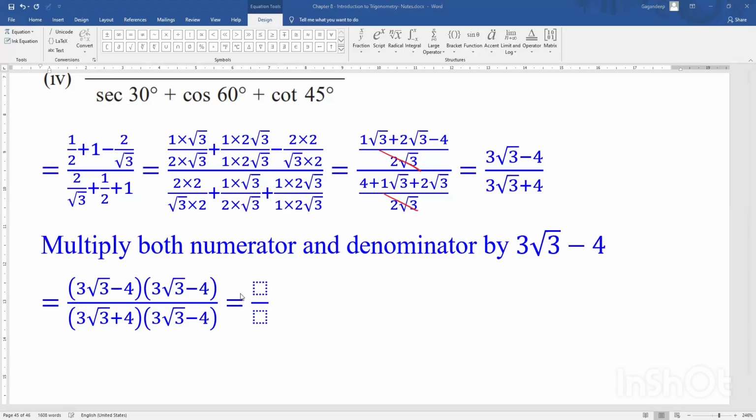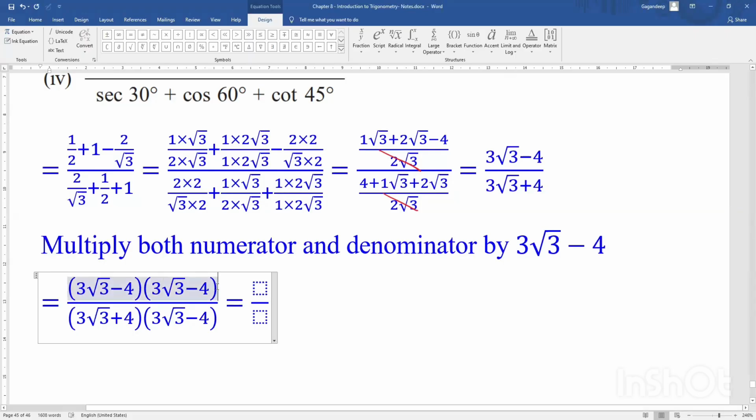So we can use the formula a minus b whole square, that is a square plus b square minus 2ab. So a square means here 3 root 3 the whole square.